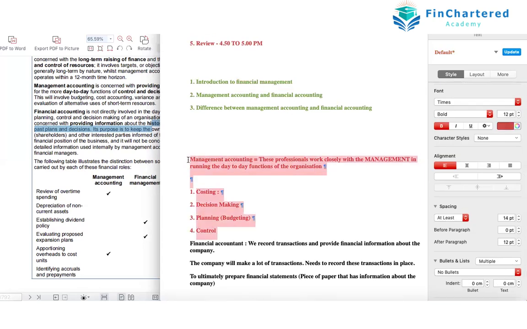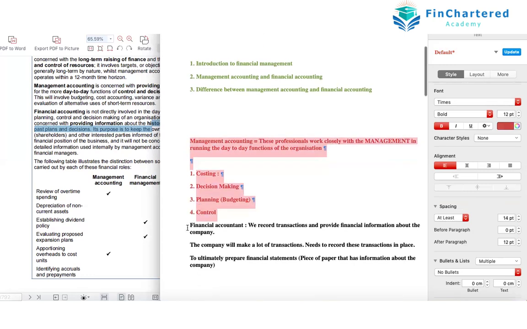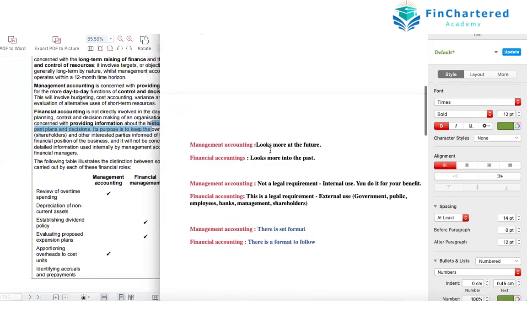It is in red. And then I told you what is financial accounting, which is in black, which was the second point. Then I gave you 3 differences between management accounting and financial accounting. Right?